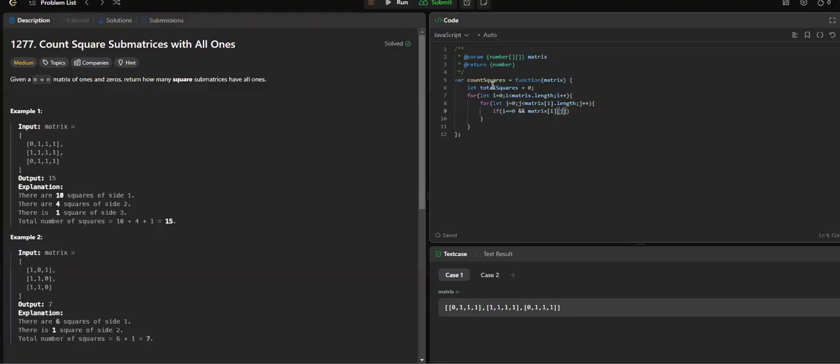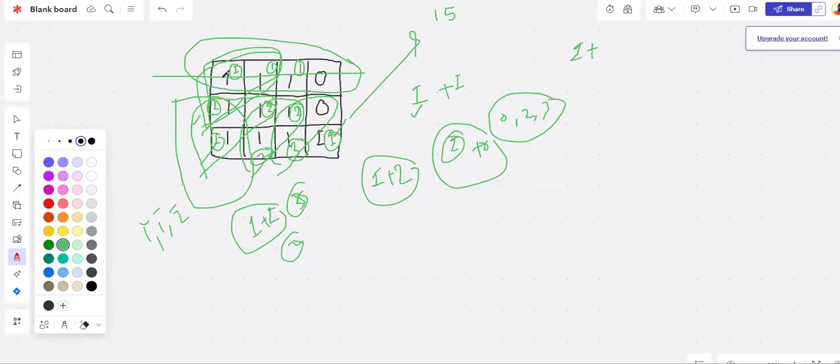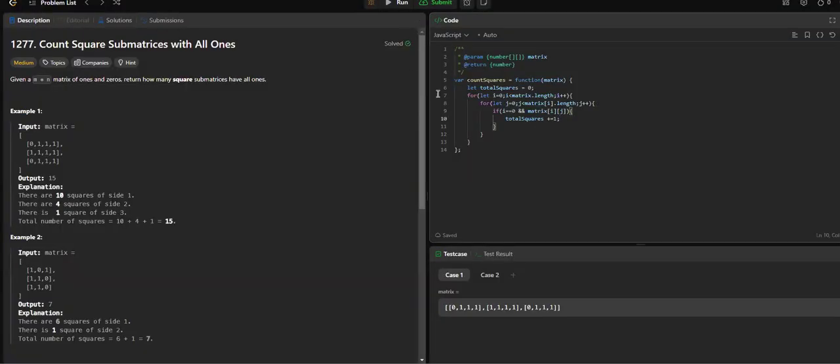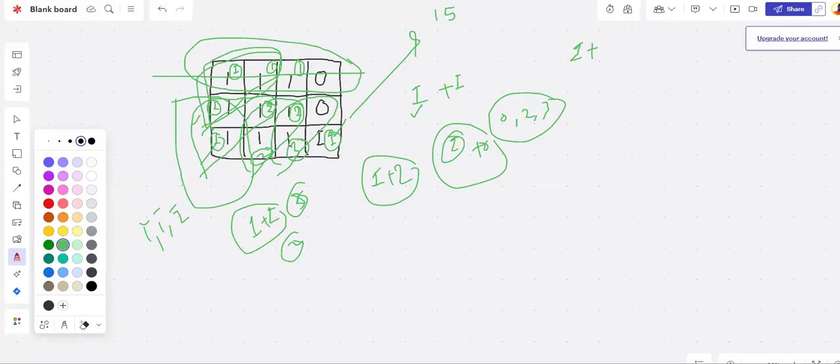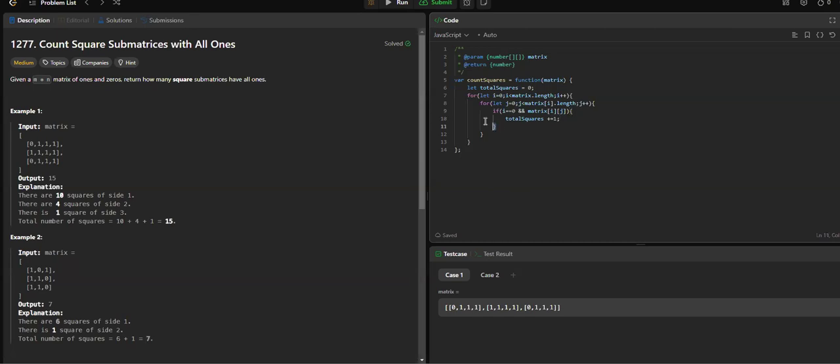If that's the case, then just update our total squares plus equals 1. You can see we have also updated our matrix[i][j] at each place, but here we don't need to do that in the first row and first column, because those numbers are already 1 only. So here we don't need to update them.